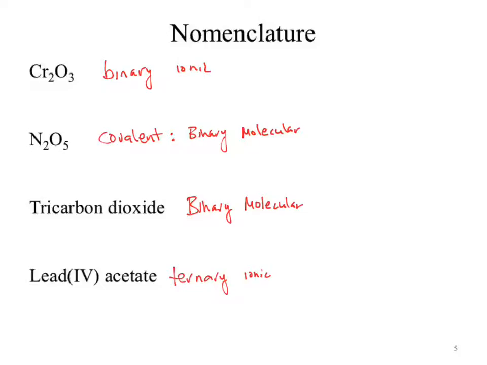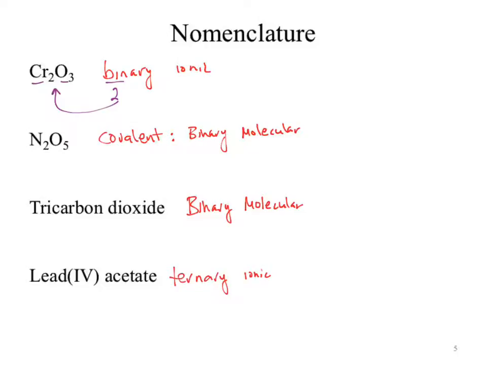Right? So let's look for the key things that would allow me to quickly identify these things. Bi means 2. How many elements? 2 elements. Not how many total atoms are present, how many elements. There's only 2 elements, so that's binary. Ionic. When do I have an ionic bond? Metal and a nonmetal.